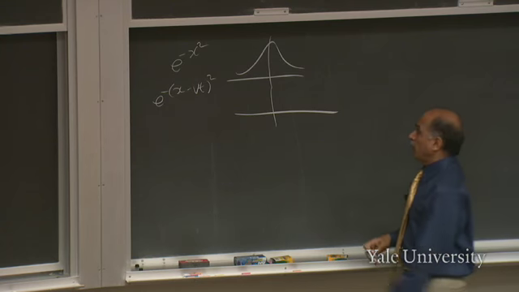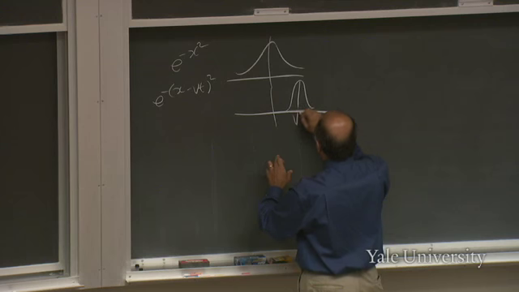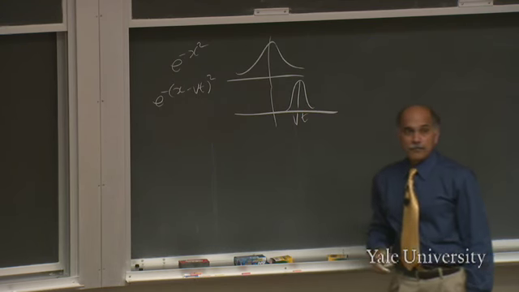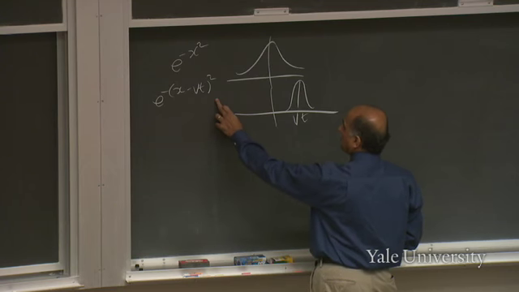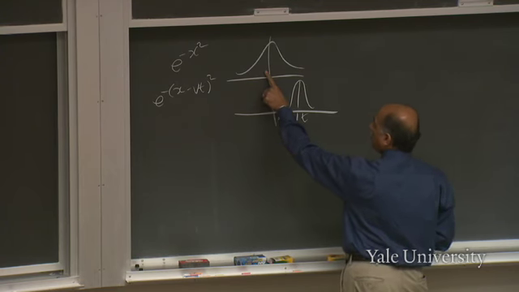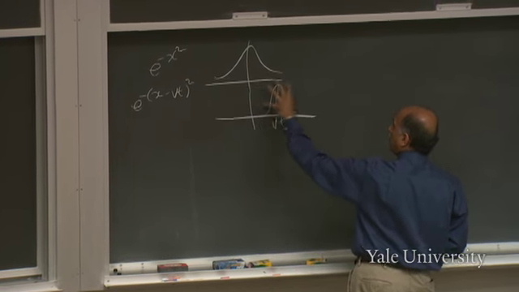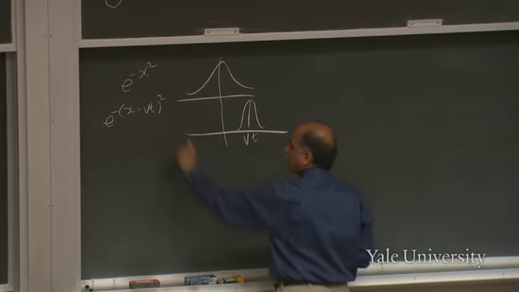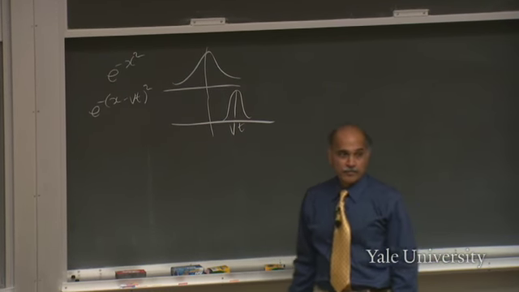It has the maximum when this guy on top vanishes, that is, when x equals vt. So if you took the function e to the minus (x minus vt) squared, at t equal to 0 it will be here, at other times it will be here, but at every instant the bump will be moving to the right, you can see with the velocity v, because the peak is at a location vt.